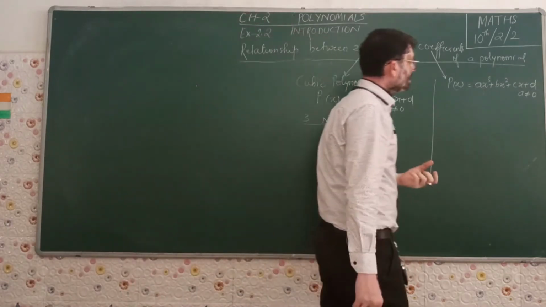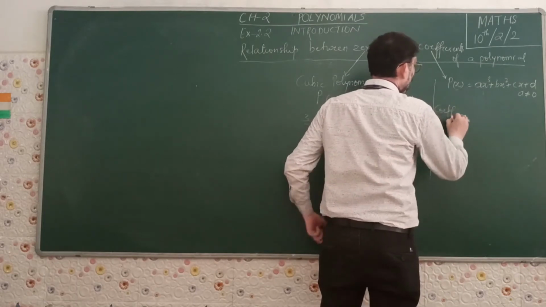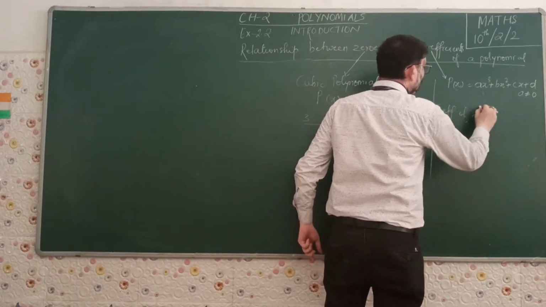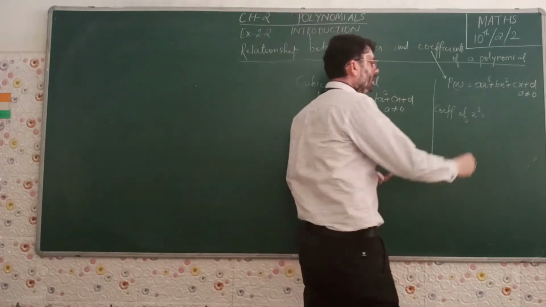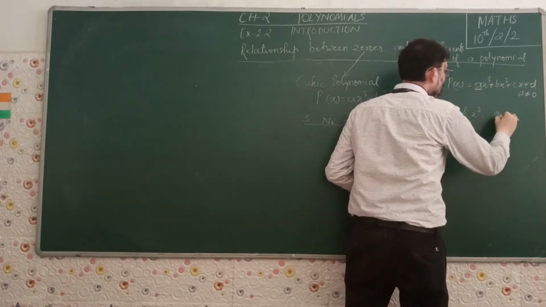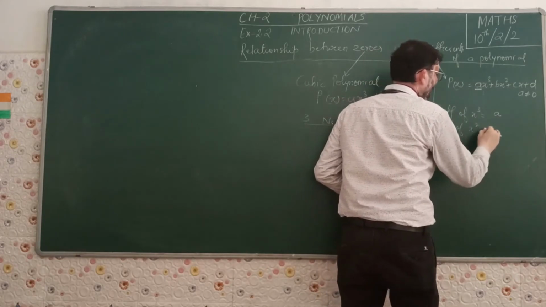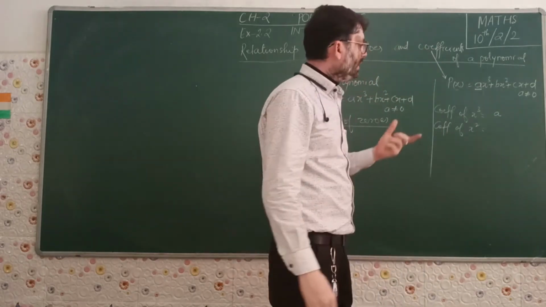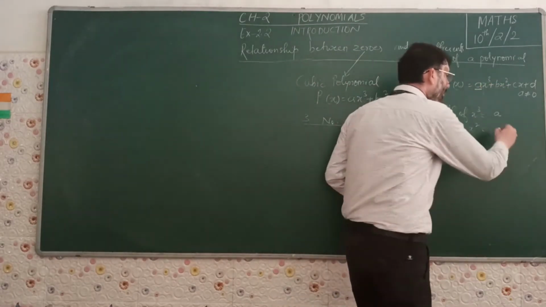Here, as discussed in the quadratic polynomial also, we can say coefficient of x cubed, that means the constant value which comes with x cubed. So here that value is a. So coefficient of x cubed is a. Then coefficient of x squared is the constant value that comes with x squared, and that value is b.